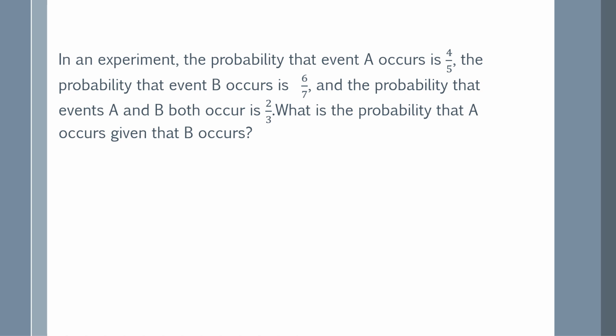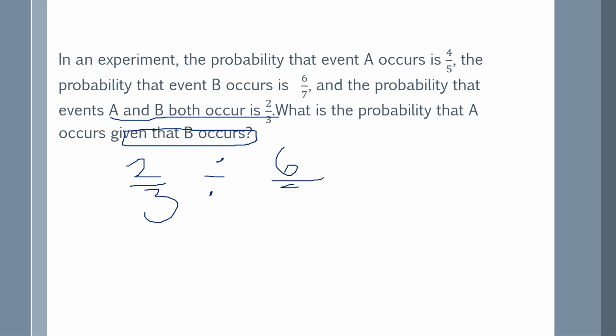So to do this problem, get your A and B, which is 2/3, and divide by, because it said given B, 6/7. I'm not going to do this last part for you. Well, why not? So keep, change, flip.